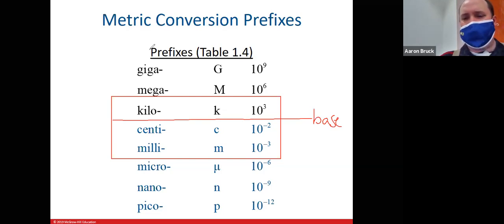These values for these exponents are all relative to the base.